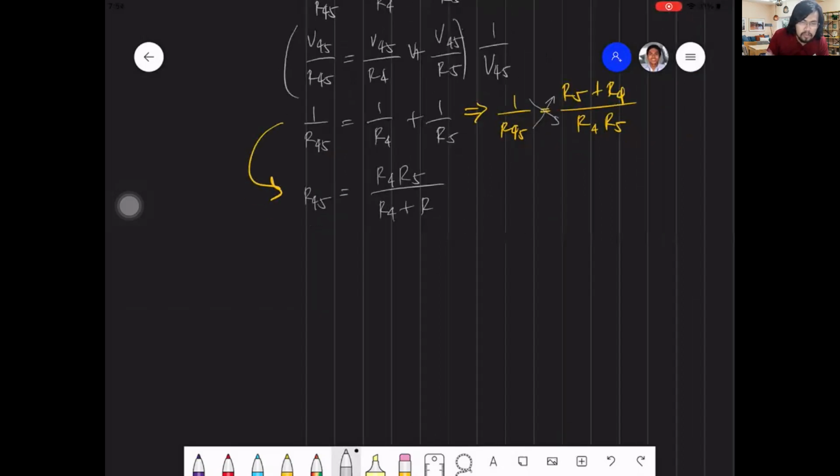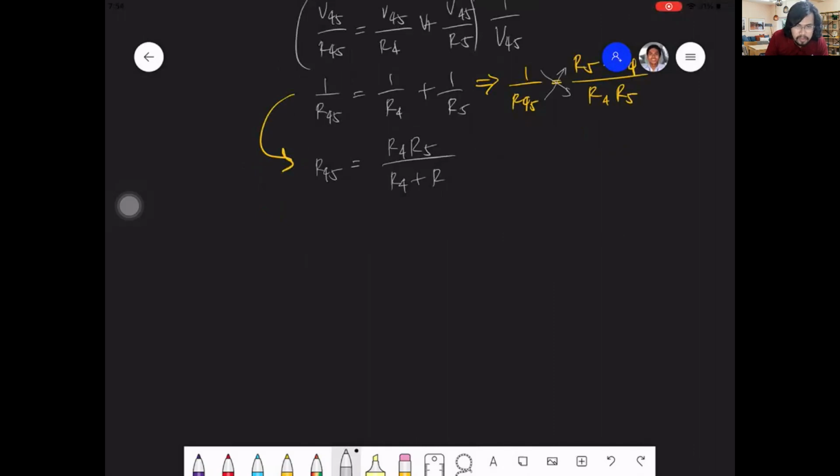So we can now solve for R45: R45 equals 6 ohms times 12 ohms over 12 ohms plus 6 ohms. This is 72 ohms over 18 ohms, and we get 4 ohms.